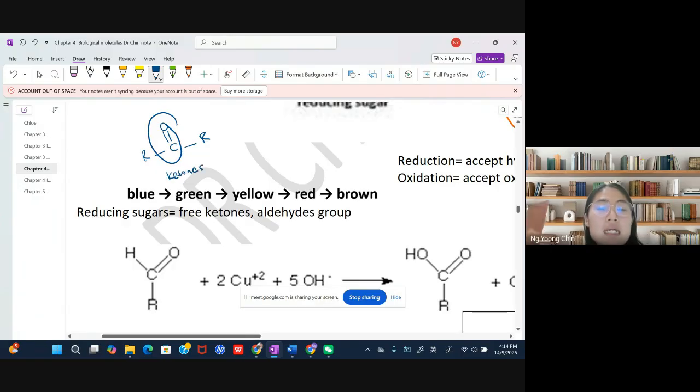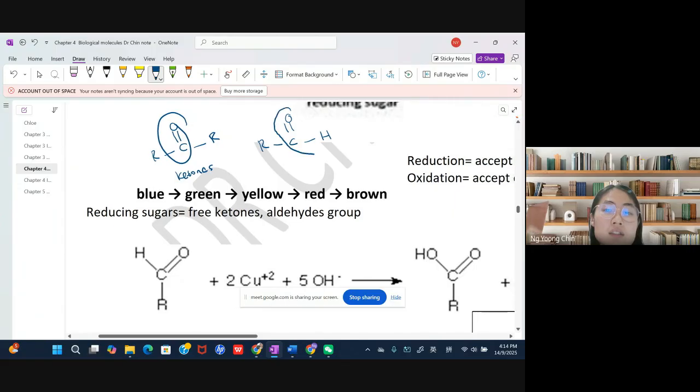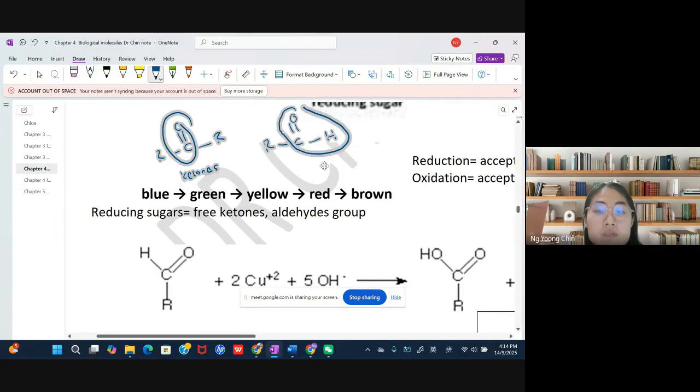But if you see any molecule that becomes something like this with an H, that means it's aldehyde. They have CHO. Ketone means C=O.